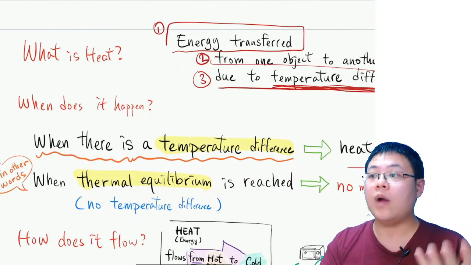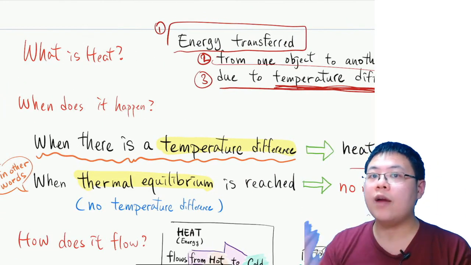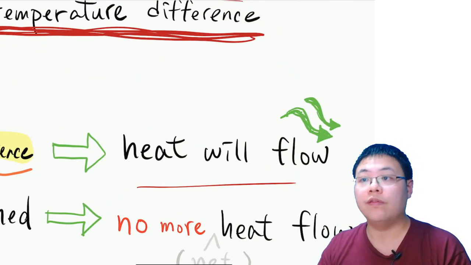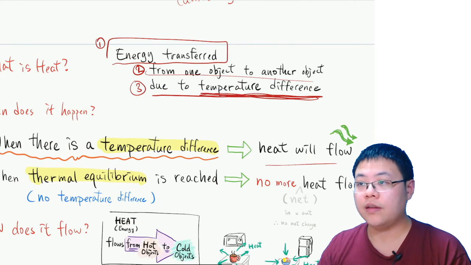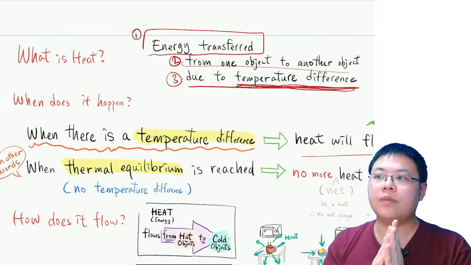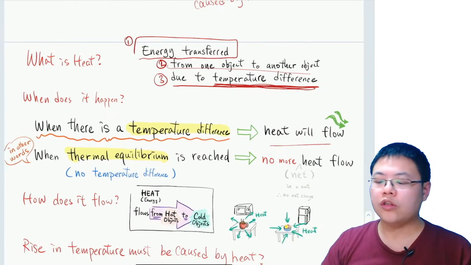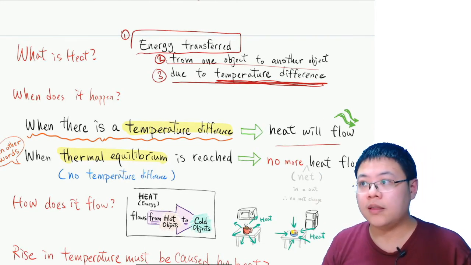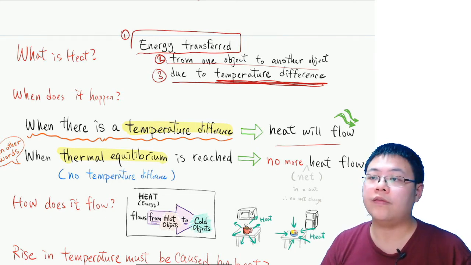The answer is, when there is a temperature difference, there will be a heat flow. So when there is no longer any temperature difference, there will not be heat flow.